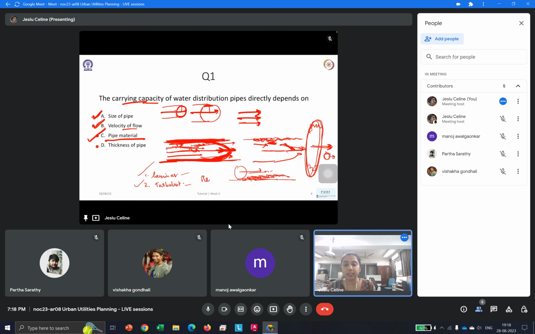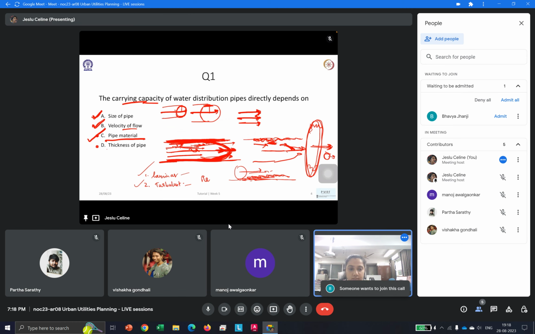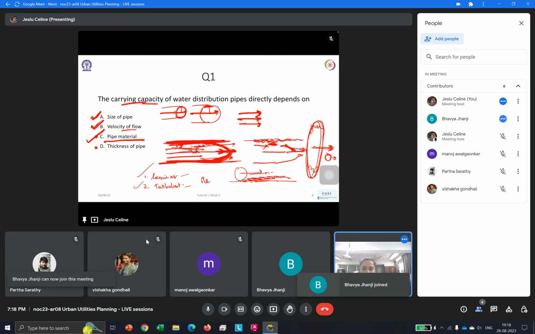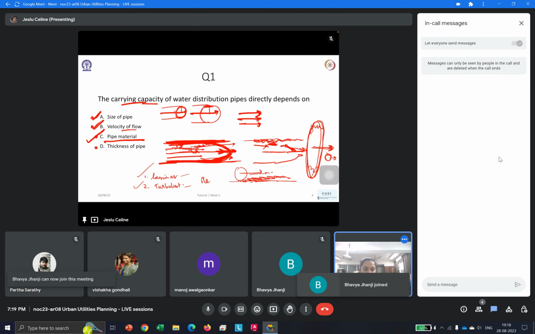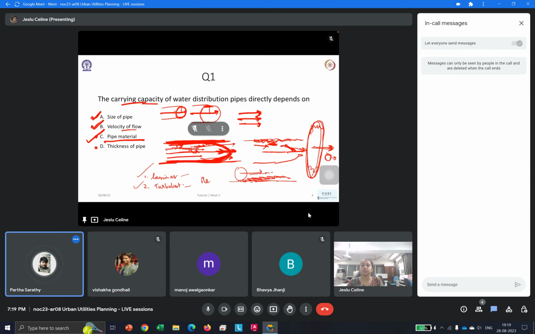Now the last one, thickness of pipe. How many of you feel it influences? Actually, it depends upon the place. Thickness, maybe.